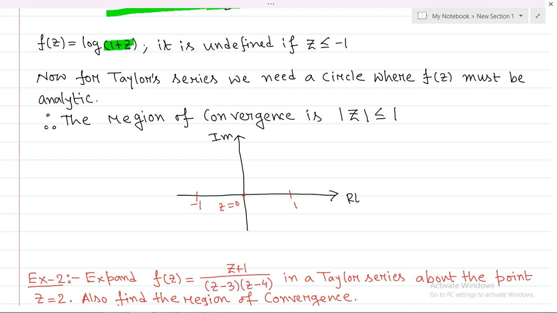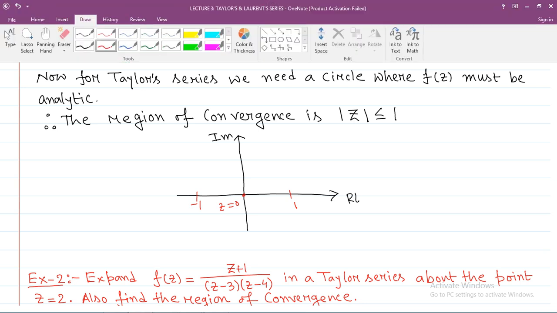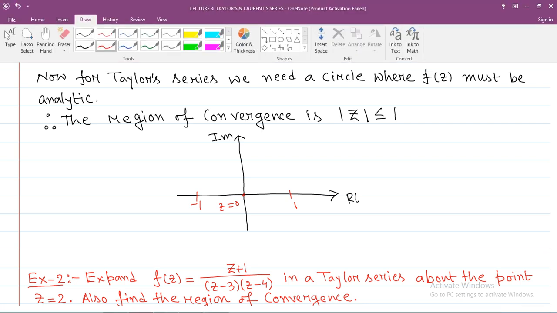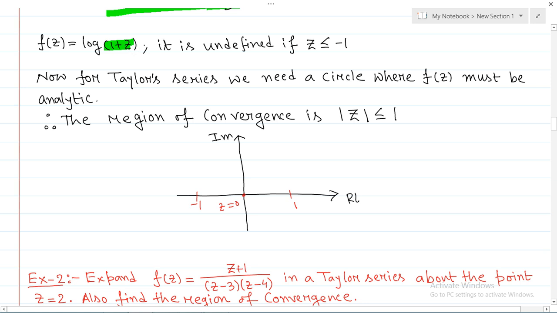So before -1 we have to stop. Then the region of convergence will be just before -1 and before +1. Inside this circle, the function will have its Taylor series expansion, but we cannot touch +1, we cannot touch -1.